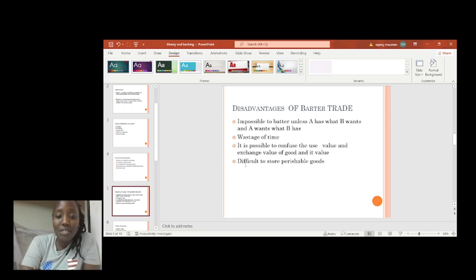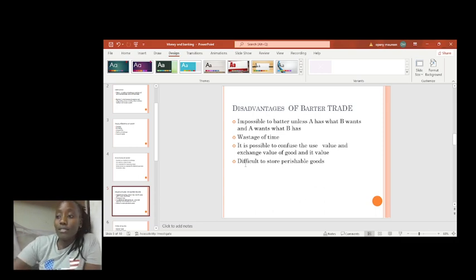So by this, we are trying to say that if person A has a cow and person B has a donkey, and person A wants the donkey, then it will be possible for them to trade. But if person A has the donkey and person B wants a goat, then it becomes difficult to carry out the trade.